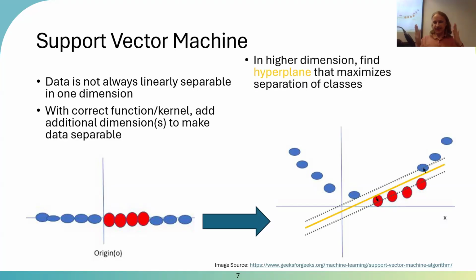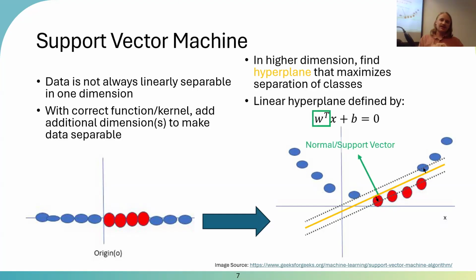We call that a hyperplane in this space that leads to a separation between the blue class and the red class. This hyperplane will be defined by the following function, where we have this W. This W represents our normal vector, or what's called in this case the support vector, hence support vector machine, which is what is trying to be learned such that the space between those two classes is maximized.